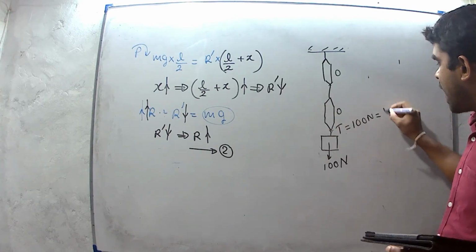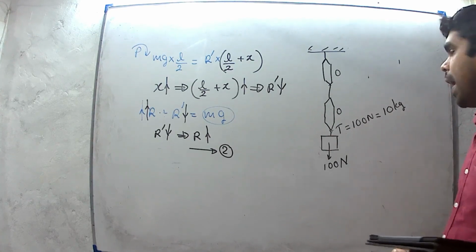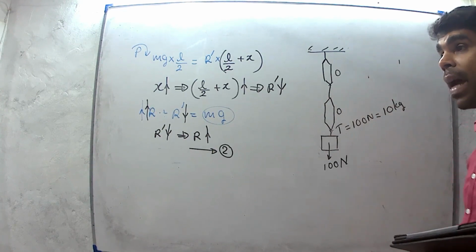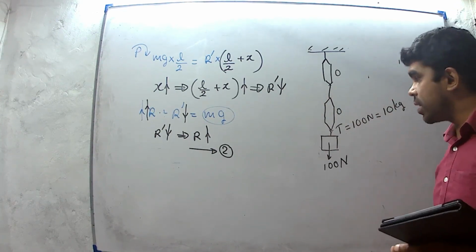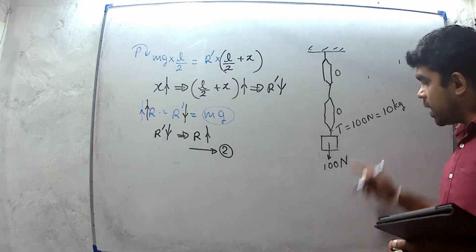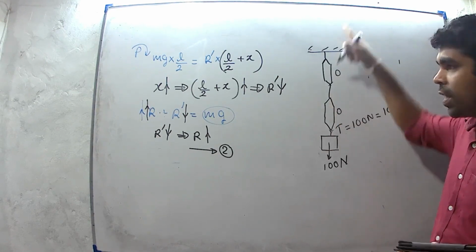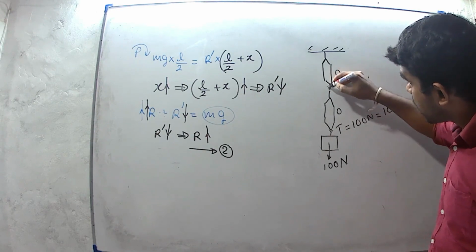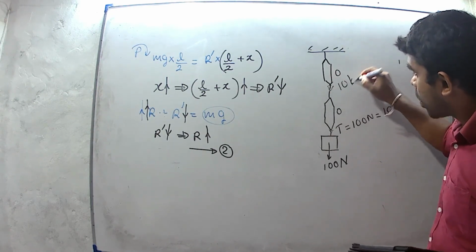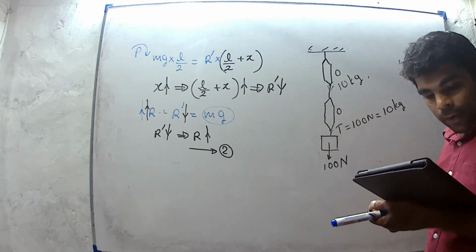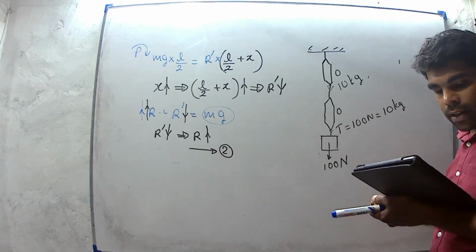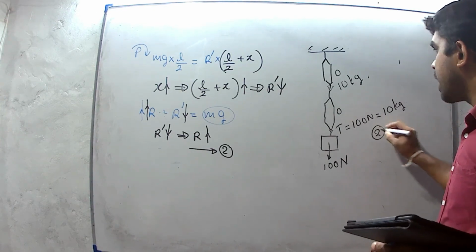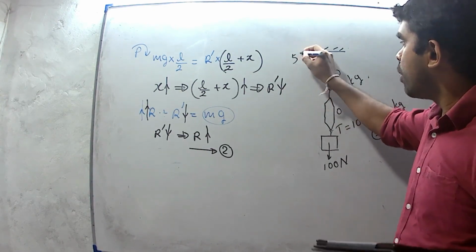We can get it as 10 kg. And the spring balances are massless, light spring balances. Therefore, this tension is not changing with height. And the reading for this scale is also 10 kg. Therefore, each scale will read 10 kg. The second answer is the correct answer for question number 5.